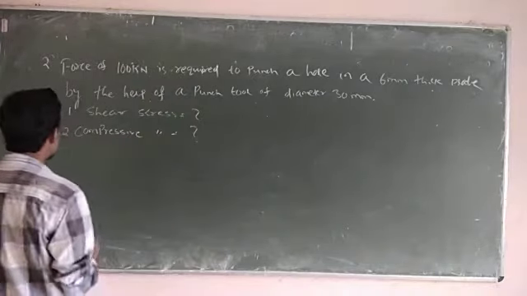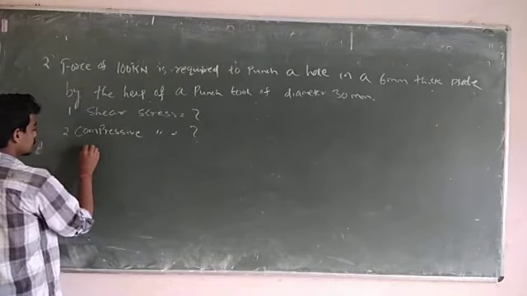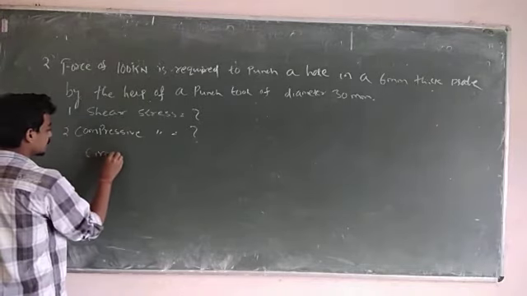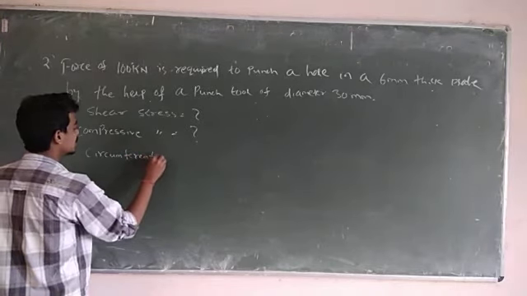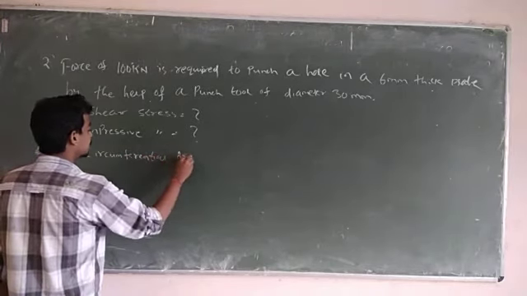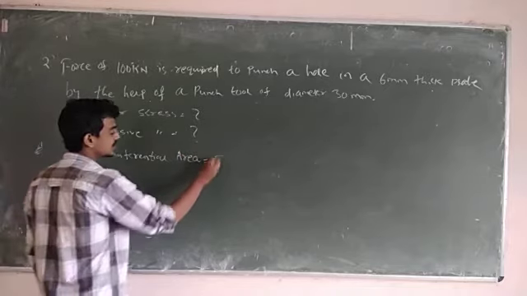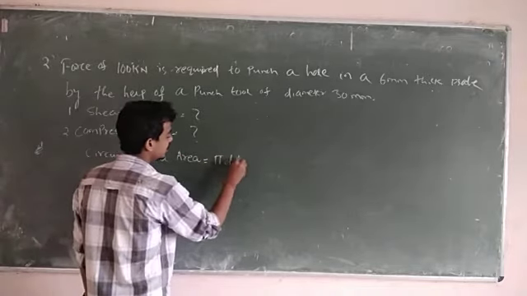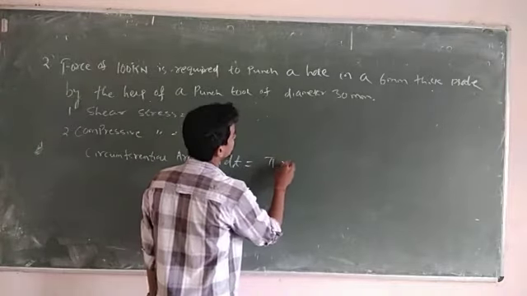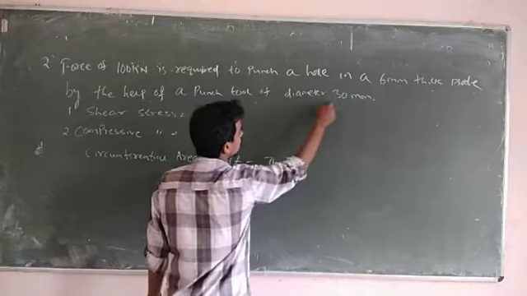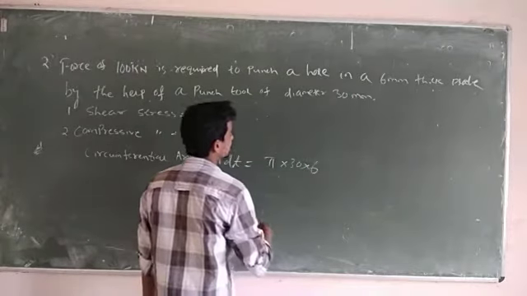So that will be circumferential area or surface area, that will be pi d t. So it will be pi into d is 30 mm and t is 6 mm.